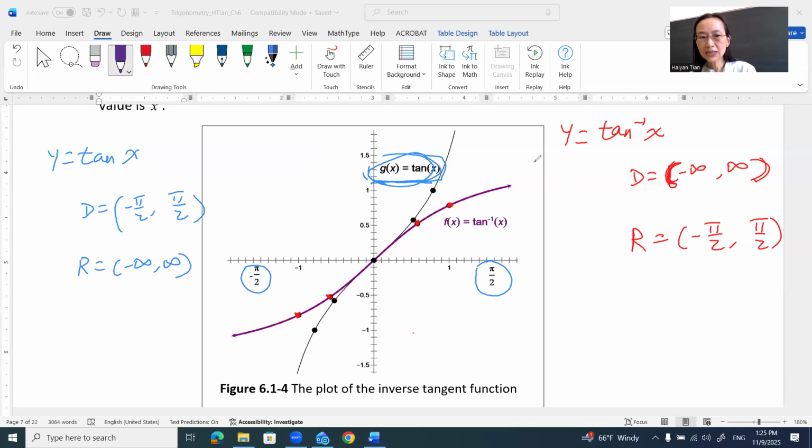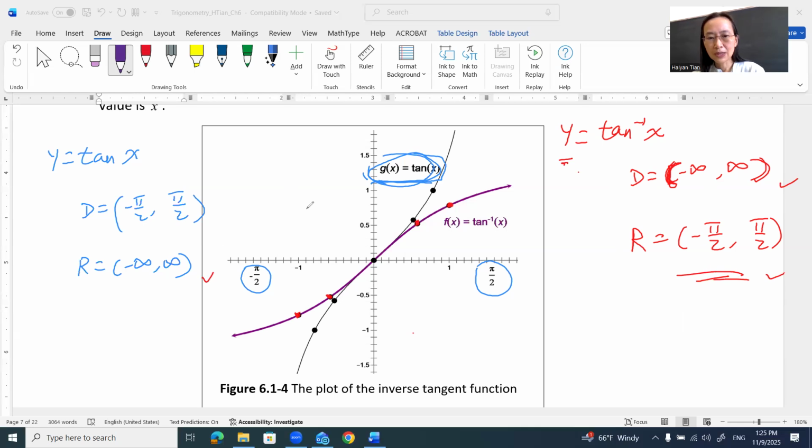So the inverse tangent function, which is the purple curve, has the domain of real numbers. And the range of the function, for all possible y values, will be this interval.